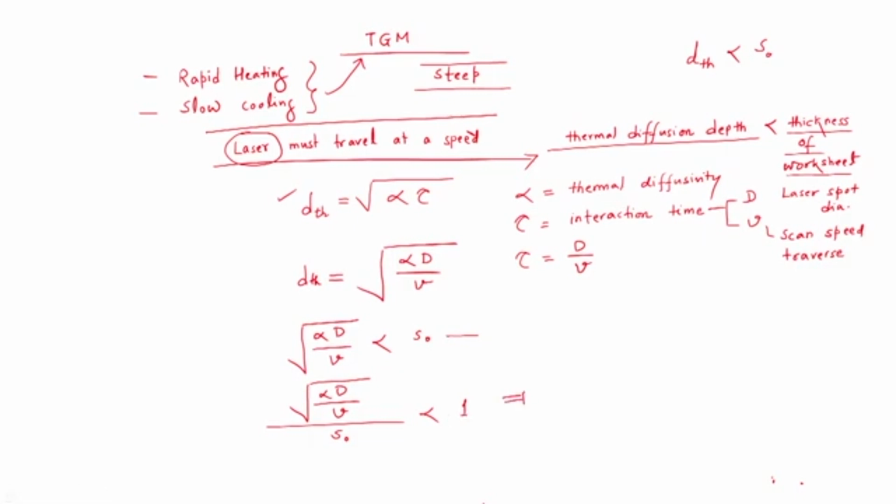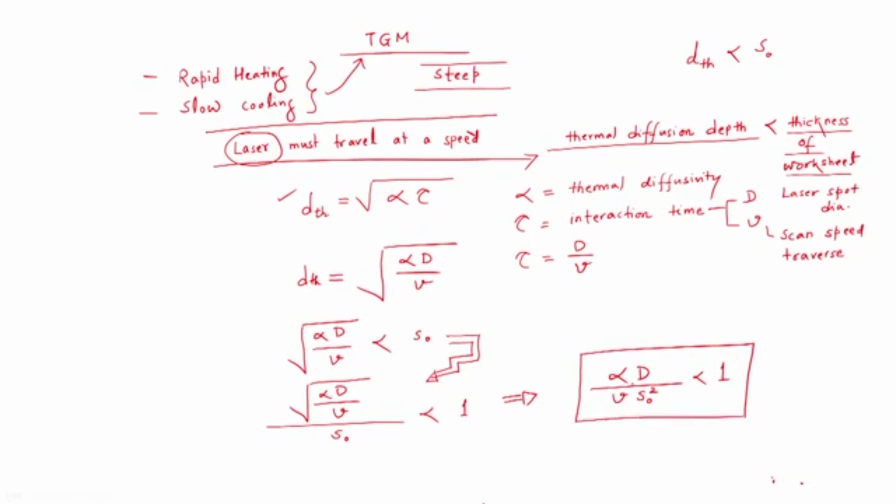This can further be rewritten in this way: alpha d divided by v into S0 square should be less than 1 always.